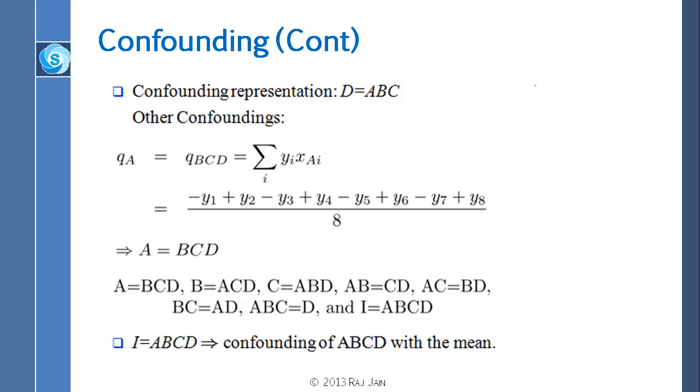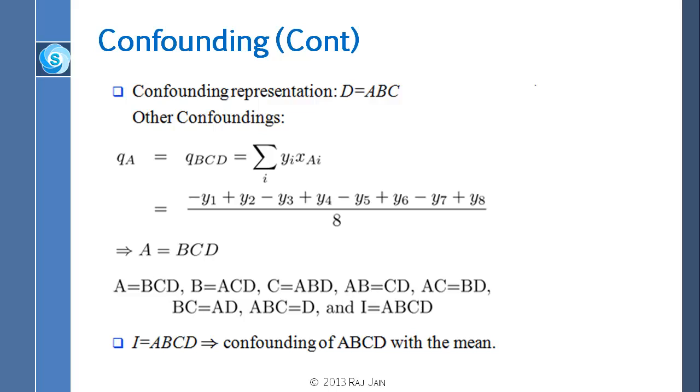Now you will find out that A actually is confounded with BCD, because if you were to calculate BCD from that table, you find that it has exactly the same signs as A, and therefore A is confounded with BCD, and B is confounded with ACD, C is confounded with ABD, AD is confounded with CD, and so on and so forth. There are a total of 8 confoundings. And I is confounded with ABCD. Your mean has the 4th order interaction.